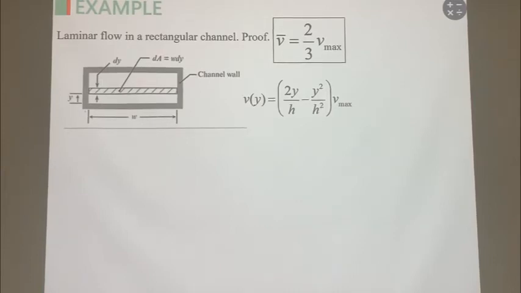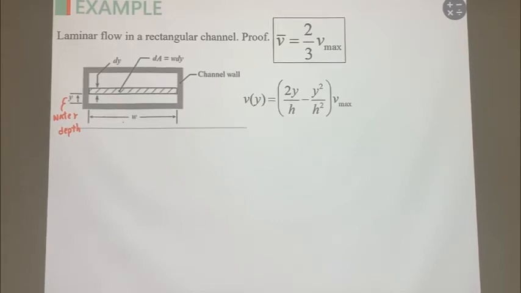This is the channel, and you see there is Y. Because this is the channel, the Y is what we call the water depth. Different conditions have different water depths in the river channels.